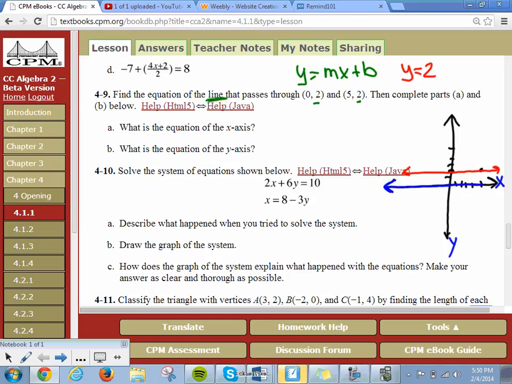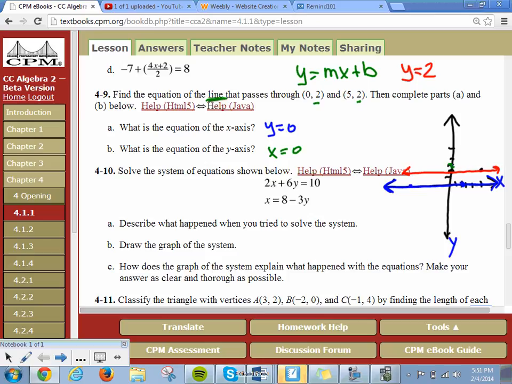So if I want to graph the x-axis, my x's will all have numbers: (2, 0), (-5, 0). Always, always, always your y is equal to 0. And then opposite, your x is equal to 0.